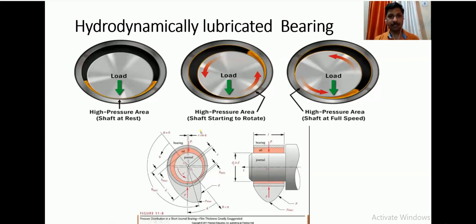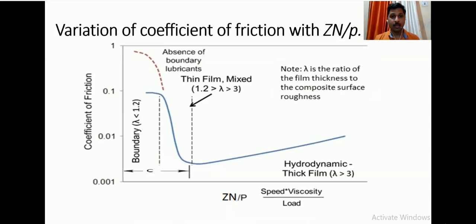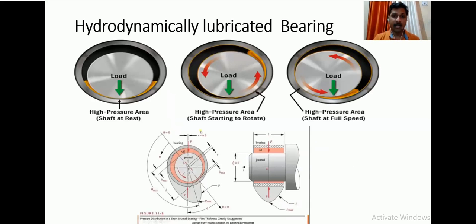With this basic knowledge of hydrodynamic lubrication, we can draw the friction versus bearing characteristic number graph. What are the important parameters to design a general bearing? The load which the shaft has to carry and the bearing has to bear is important.